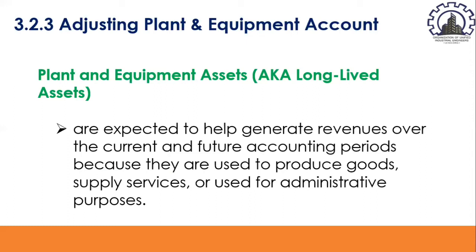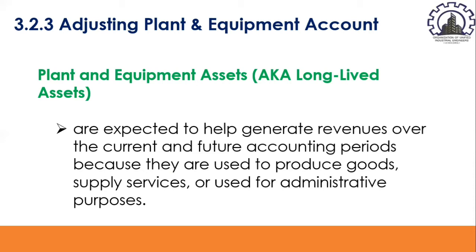Now, in regards to this, the truck and equipment purchased by Big Dog Car Works Corporation in January are examples of plant and equipment assets that provide economic benefits for more than one accounting period.